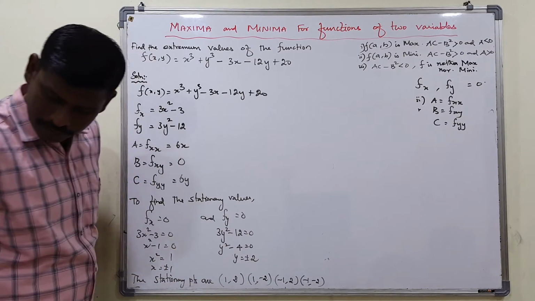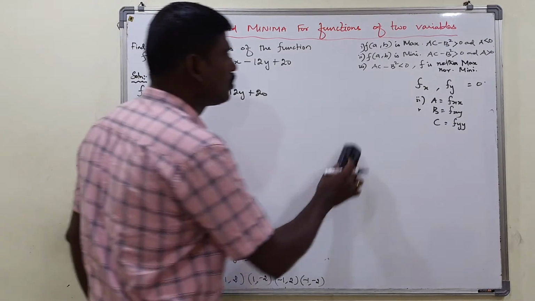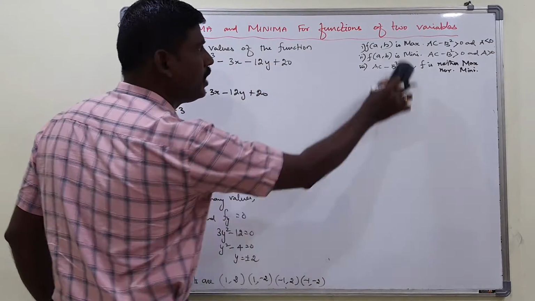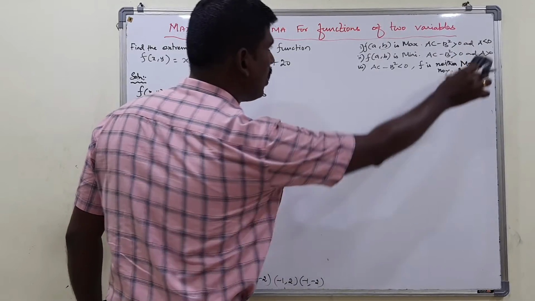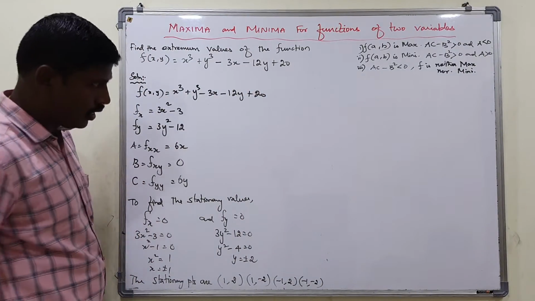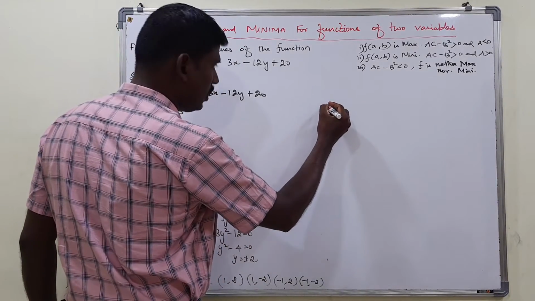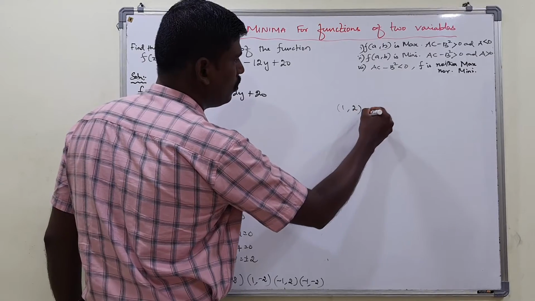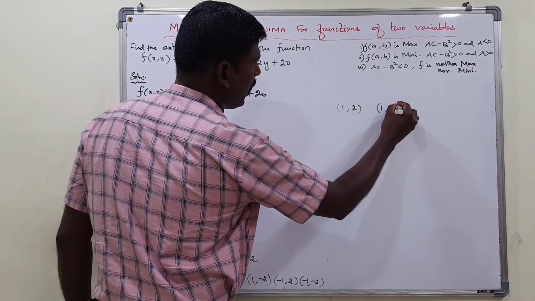Okay, right? Now let us go to find the values of AC minus B square and A among these 4 points. So what is the first point? 1 comma 2, and the second point is 1 comma minus 2.